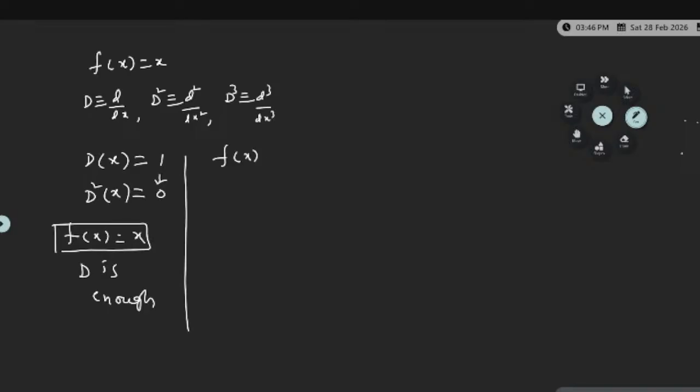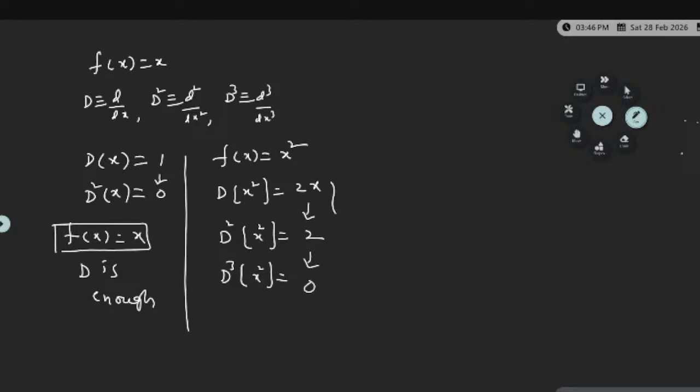If the function is x square, first, what is the differentiation of x square? 2x. Once again differentiate this: 2. Once again differentiate it: 0. When f of x equal to x square, D and D square are enough, because the third derivative is 0.